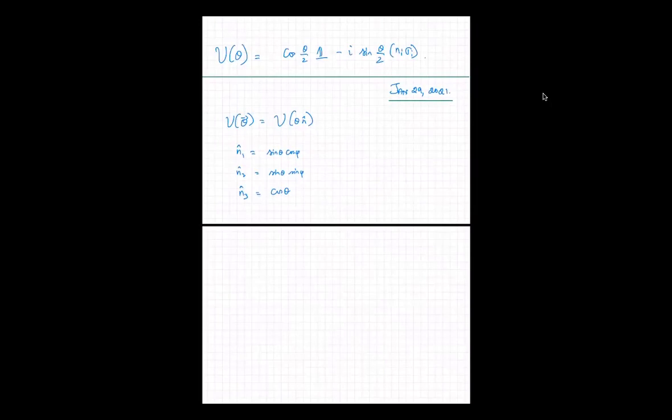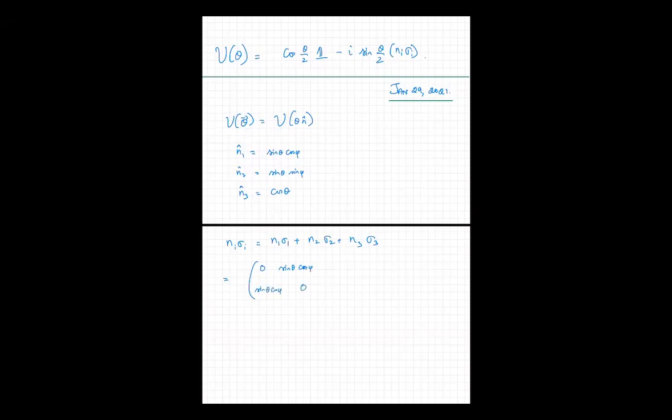So if I use this particular parameterization, what is Ni sigma I? This is basically N1 sigma 1 plus N2 sigma 2 plus N3 sigma 3. Okay, sorry. So I can write, since I know what sigma 1, sigma 2, sigma 3 are, this matrix as: 0, sine theta cosine phi, sine theta cosine phi, 0.